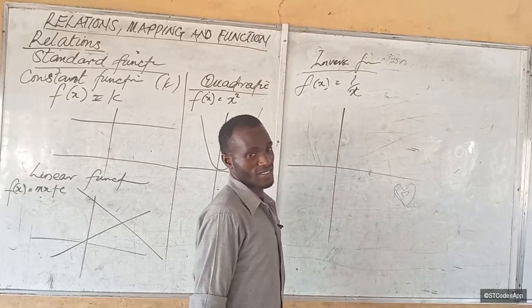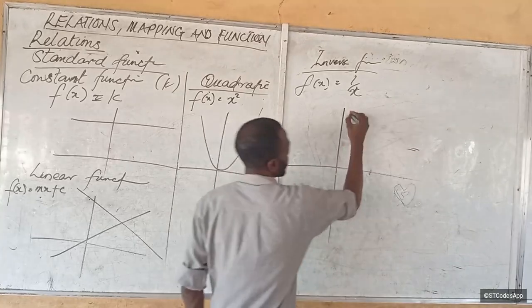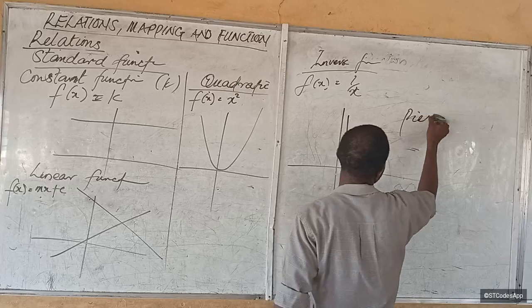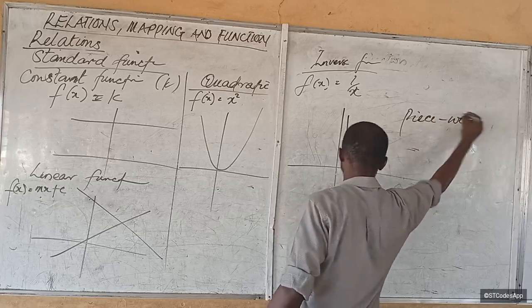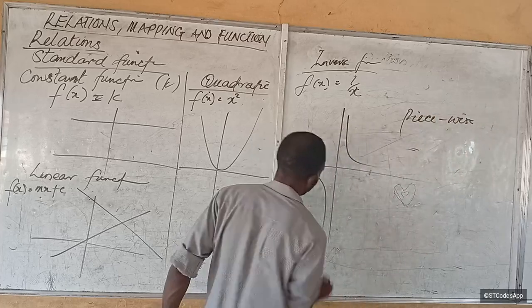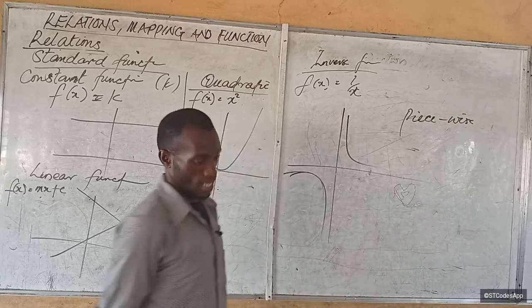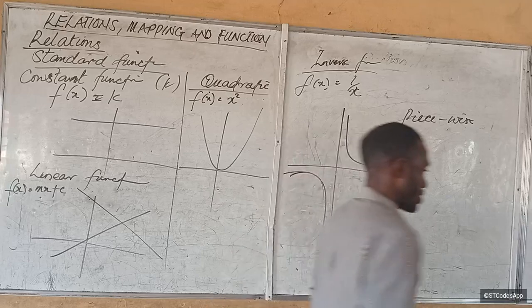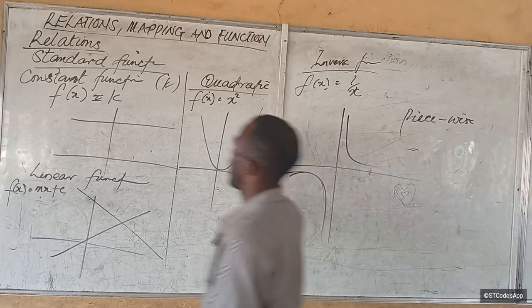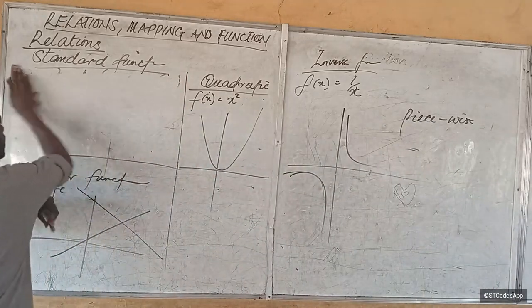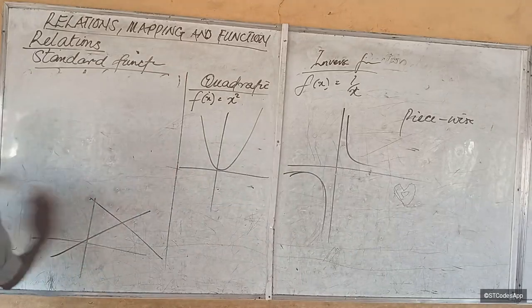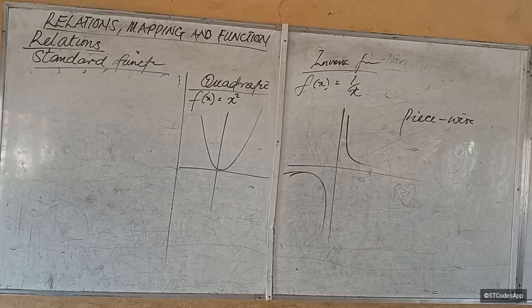Yes, and the other will come. Piecewise. Okay, so it's going to have something like this and something like this, okay? All right. So how about, are we good? How about a square root function?